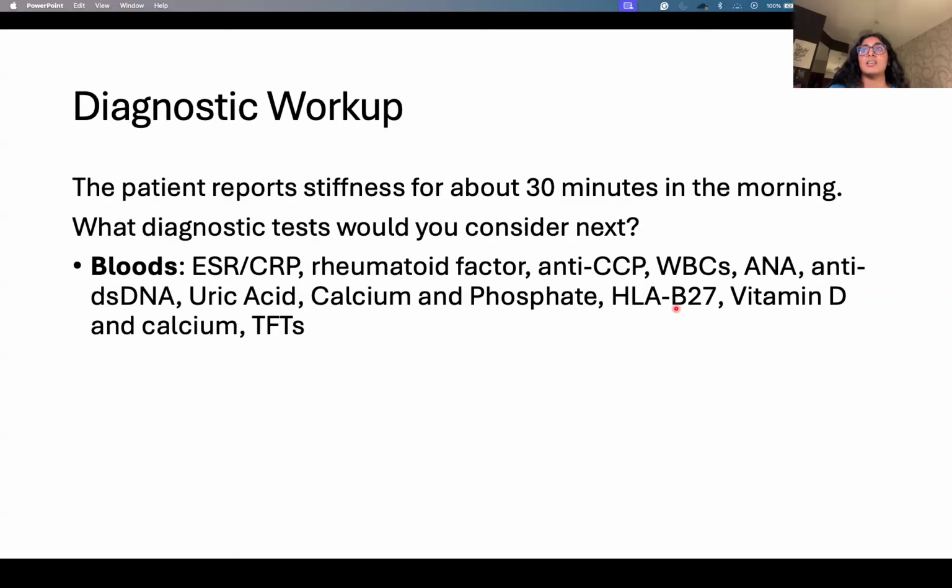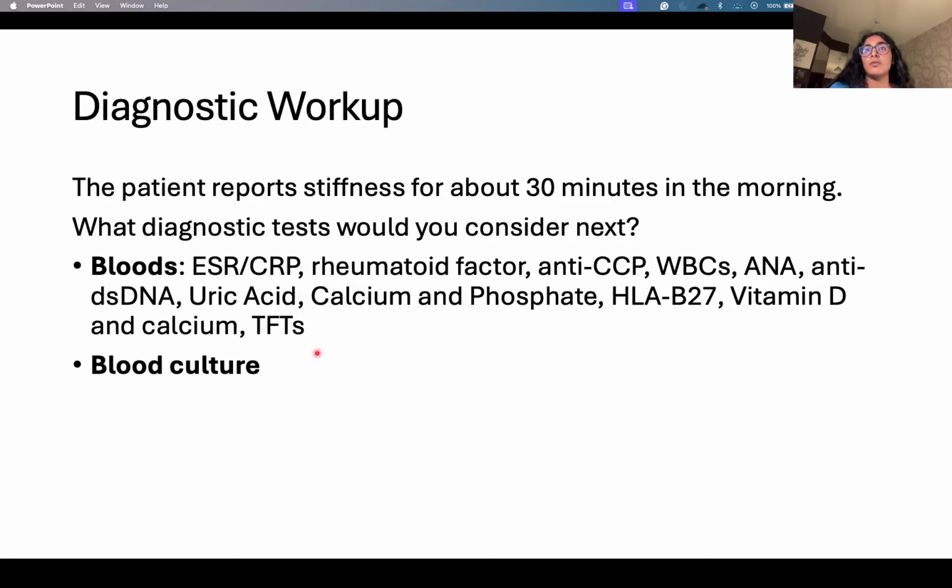HLA-B27 we said is a genetic test, so seronegative. Vitamin D and calcium for osteoporosis. And TFTs as well are important because thyroid hormone has a lot of metabolic action, and that can contribute to problems with muscle health as well. So think about all of those.